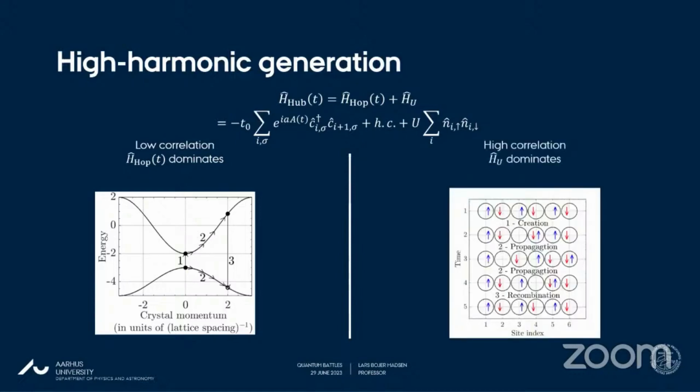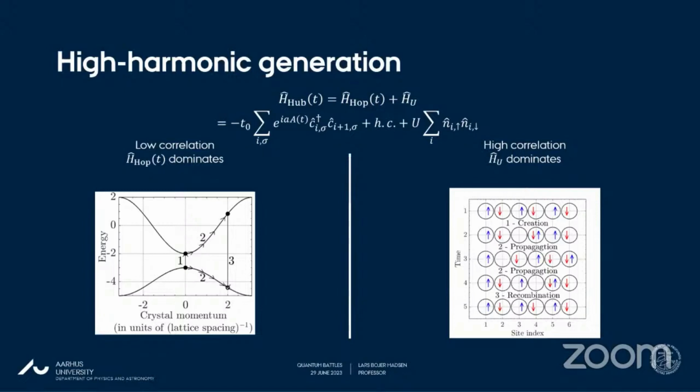And if you add U, you have to use a new picture, which is handy and very similar to what we normally use. But now instead of talking about electrons and holes, you talk about duplons and holons. So duplons are quasi-particles where you have an electron pair, and a holon is one where you don't have anything, right?